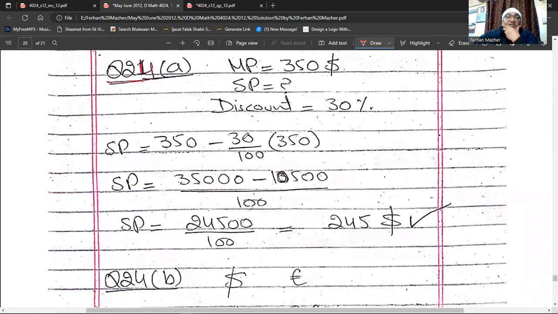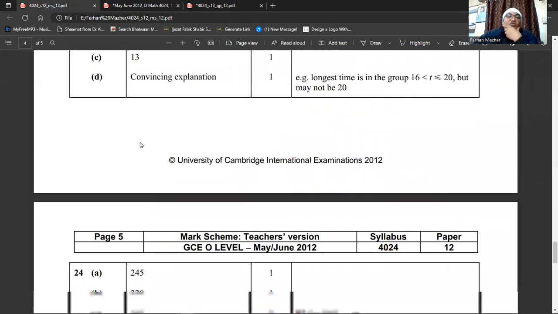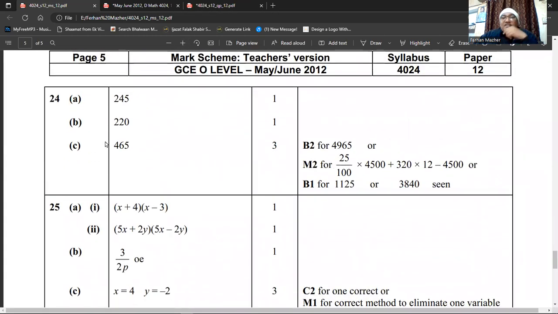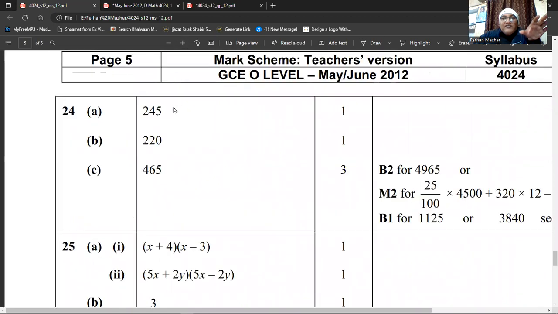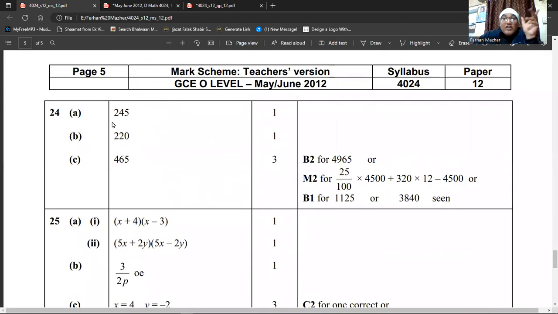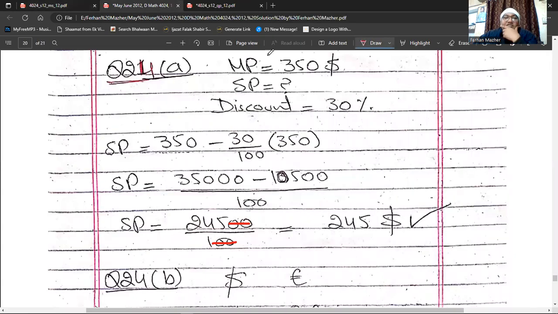When you multiply these two, you get 24500 divided by 100. These zeros and these zeros will be cancelled. So you will have $245. After the discount, the sale price will be $245. So my answer is right.